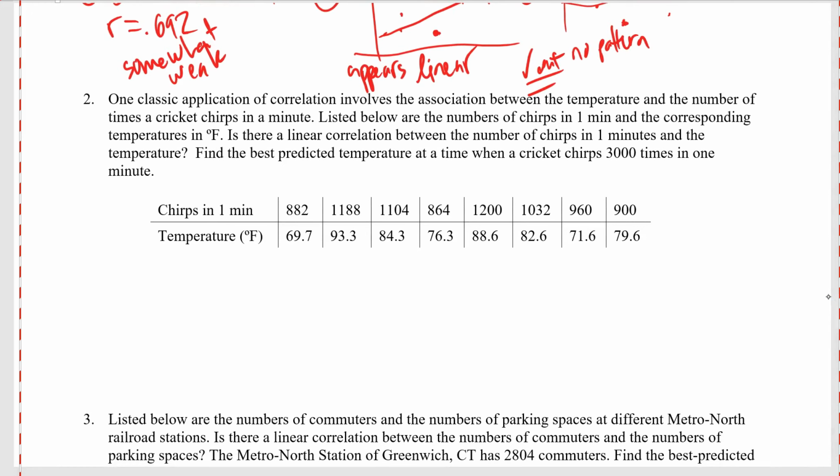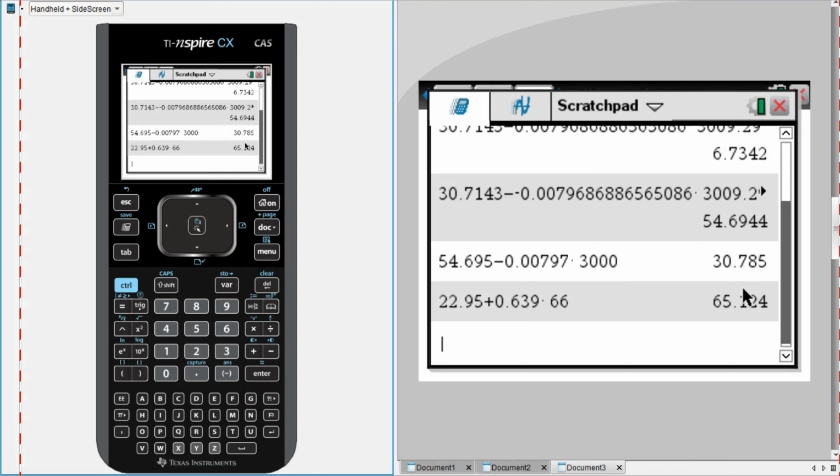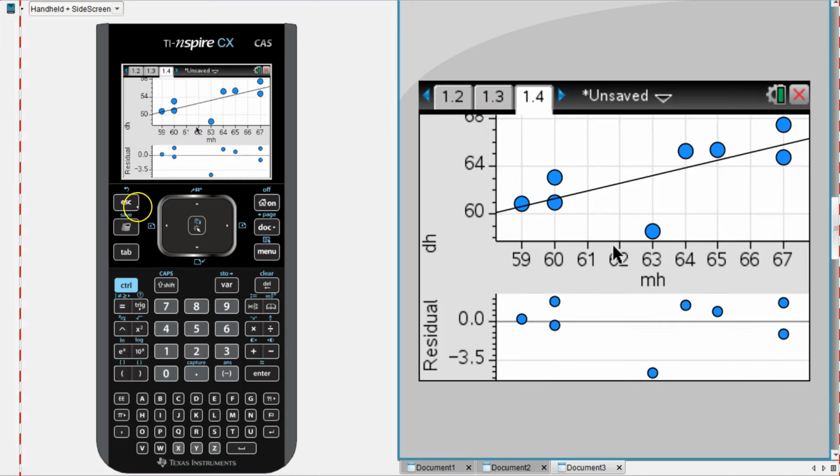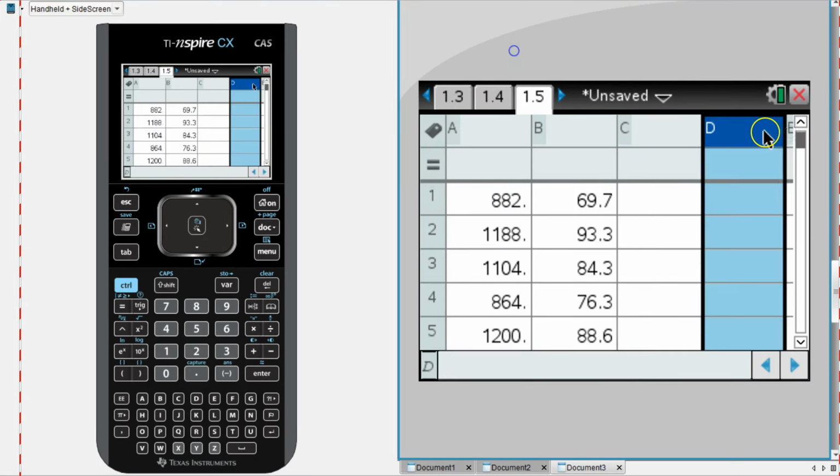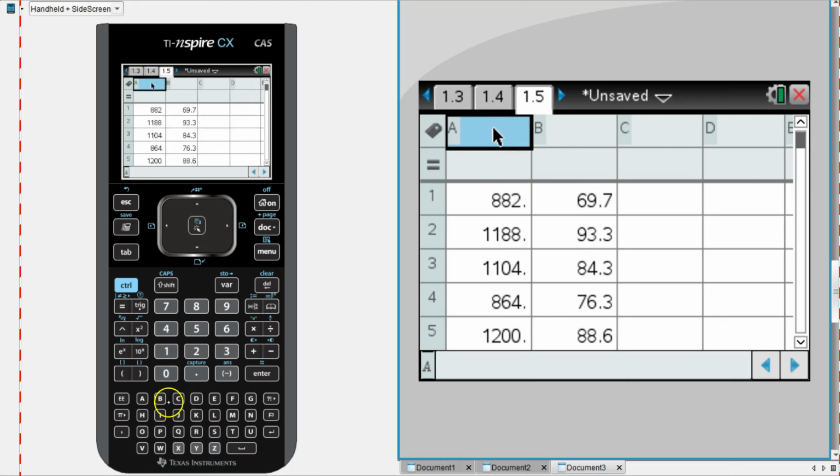Another classic application is temperature and number of times a cricket chirps. So listed below are the number of chirps in a minute and the corresponding temperatures. Is there a linear correlation? Well, first, let's get the equation, look at R. Like I said, I've already typed these in, so if you need to pause this and type them in, you can. But we're looking at chirps.